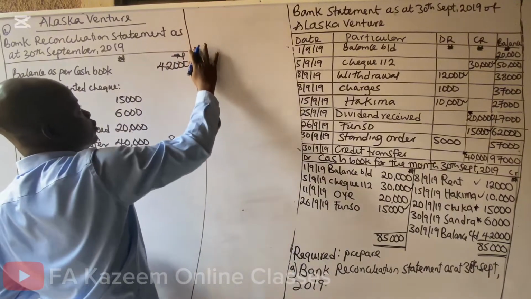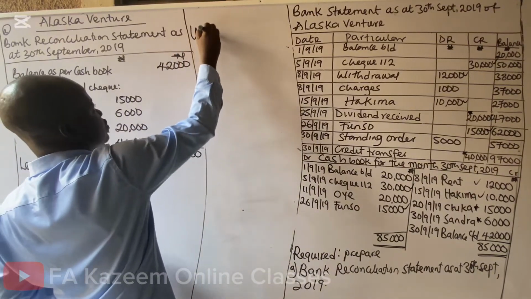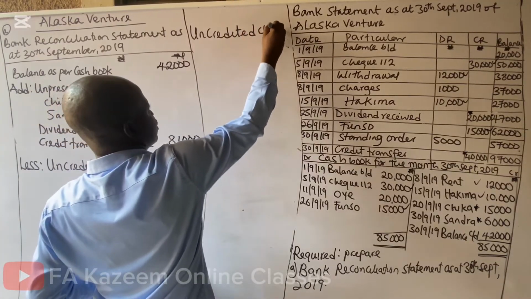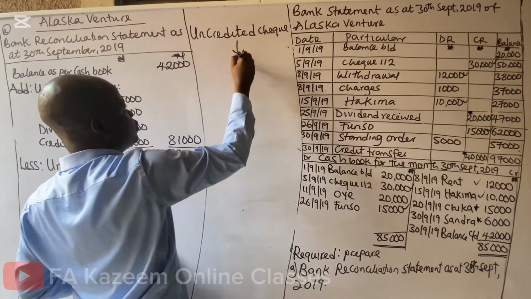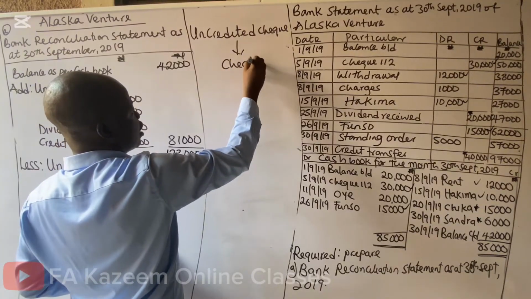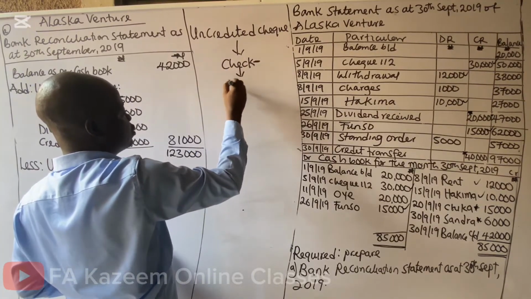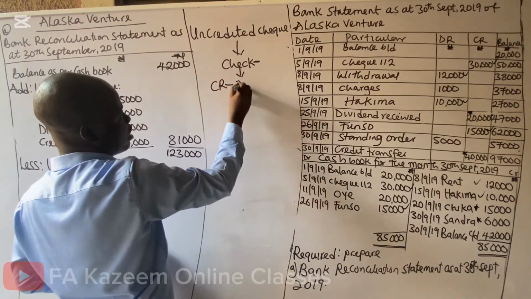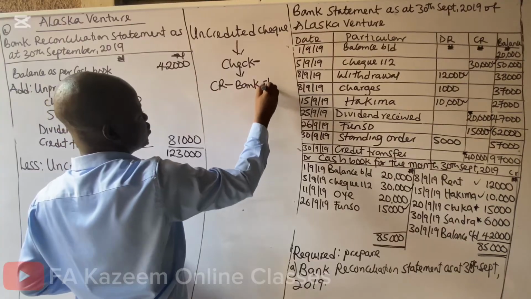Number 2, we are looking at uncredited check. Check that has not been what? Credited. How do we know? We are going to check. Where are we checking? We are going to check all the credit side of our bank statement to get uncredited check.